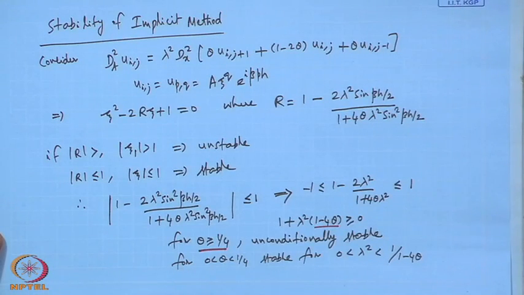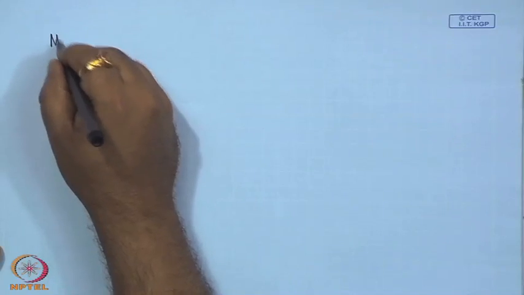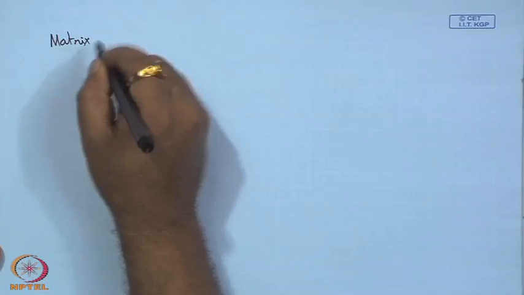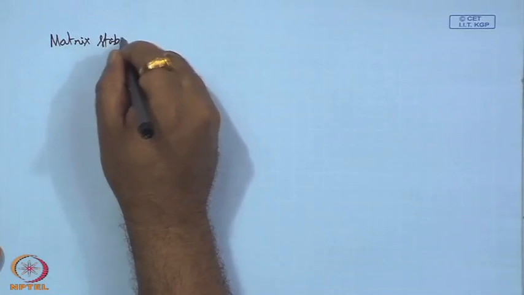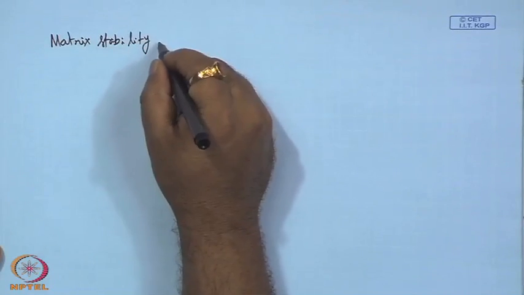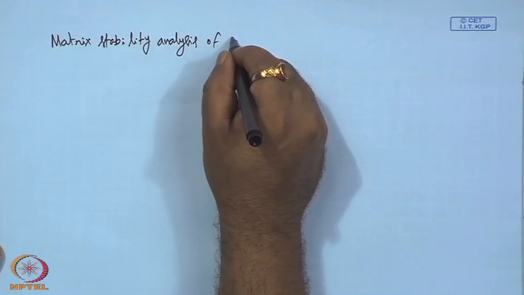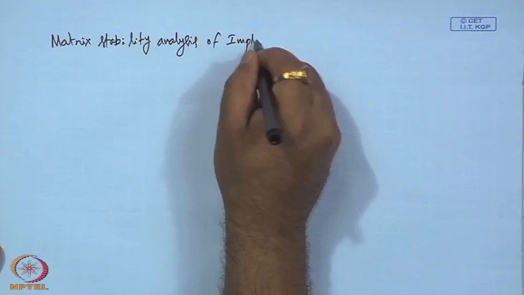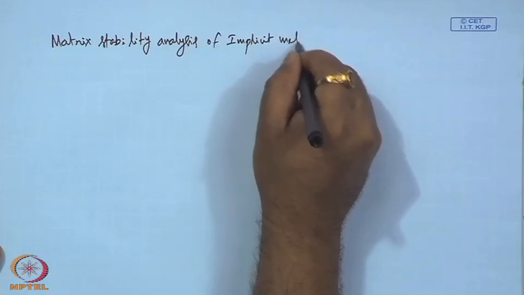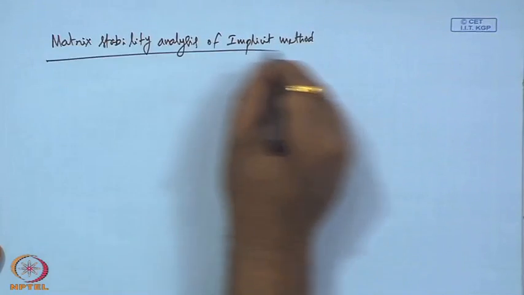So, the stability method we have discussed is based on von Neumann stability, that is the Fourier stability. So, let us see the matrix stability as well. Okay. So, this is of the implicit method.